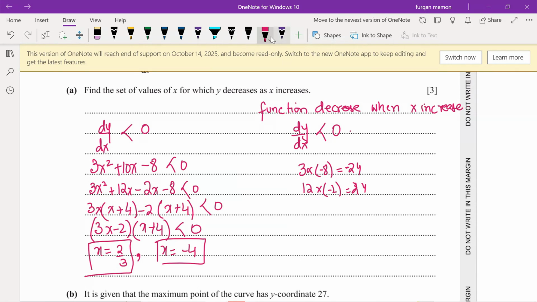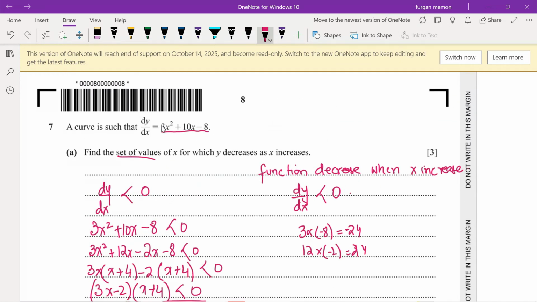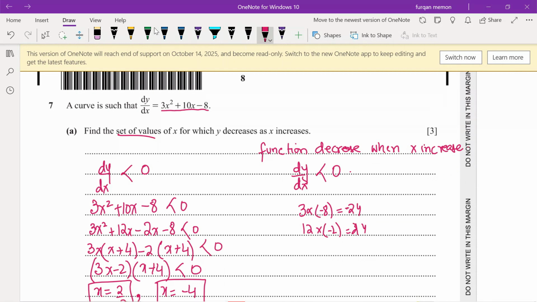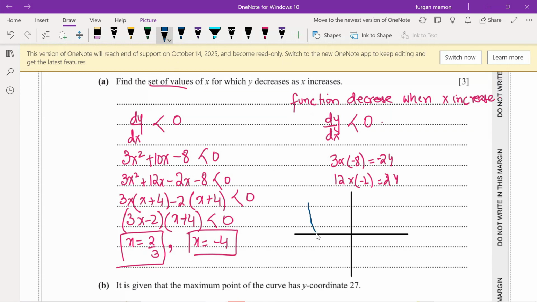Okay, so we need to find the set of values. When we plot this quadratic, 3 is positive, so the parabola opens upward. This point represents negative 4 and this is 2 over 3, and this is the gradient of the curve.